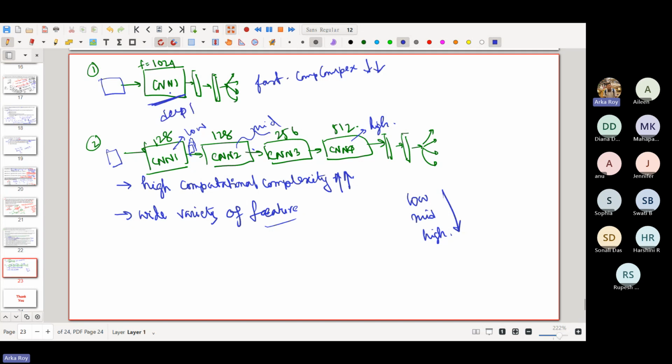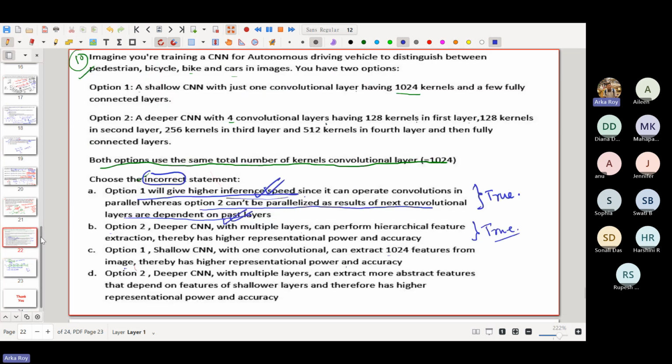And we know that a deep CNN has the capability of getting better representation. As this is a shallow CNN with only one convolution layer, it does not have higher representation capability. So option C is false.